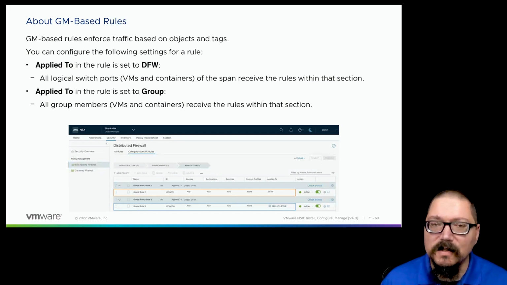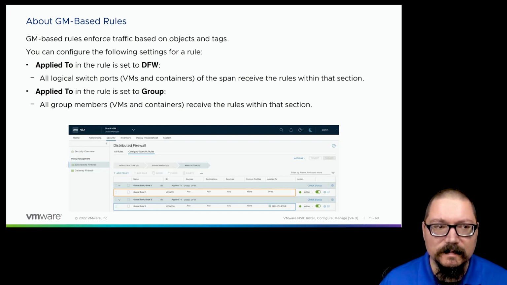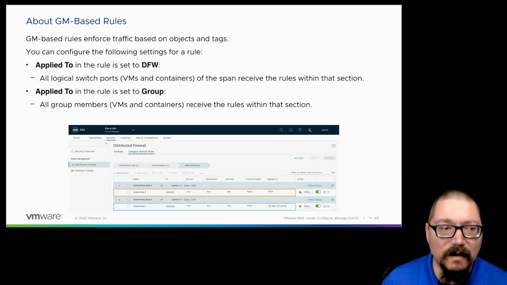Now, my global rules are always going to be processed first. They're always going to be put at the top of my firewall list. I can see that in my local manager, and they're always going to be the first rules that we work with, right?